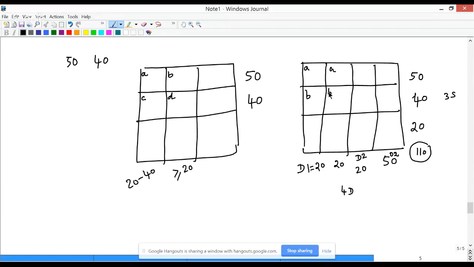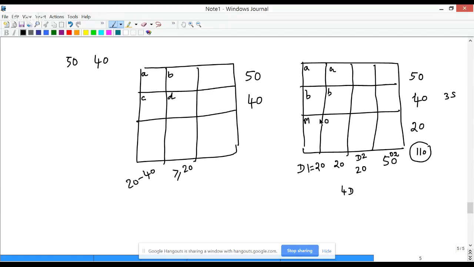So this 20 has to be given out of the available 50 plus 40, 90, and it should not be given from the dummy 20. To prevent that, I put a big M. Now this 20 is not mandatory, so it can be given from this or from the dummy. Therefore, this will get a 0.